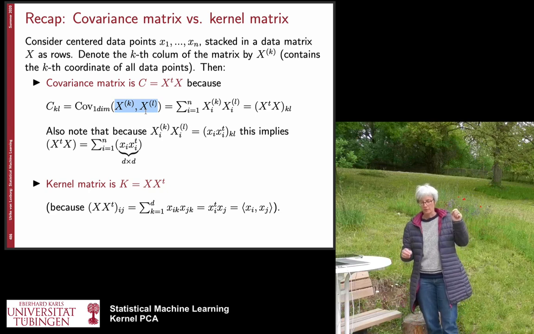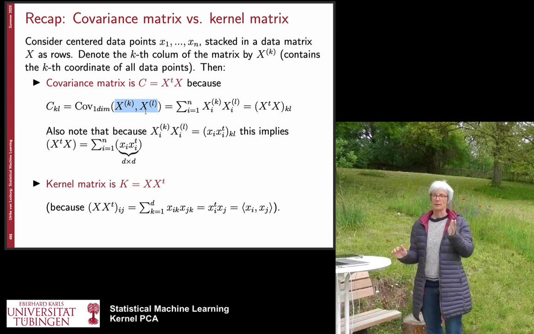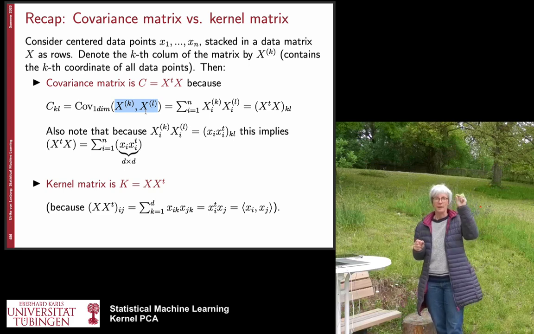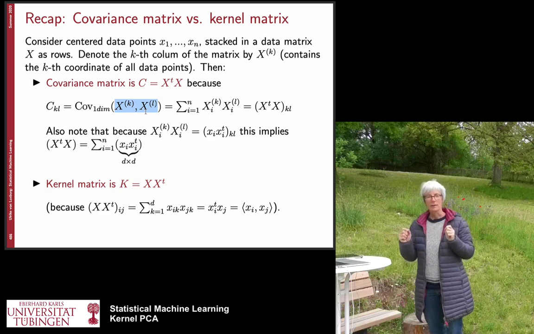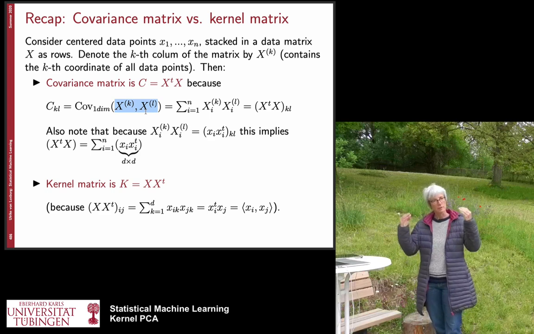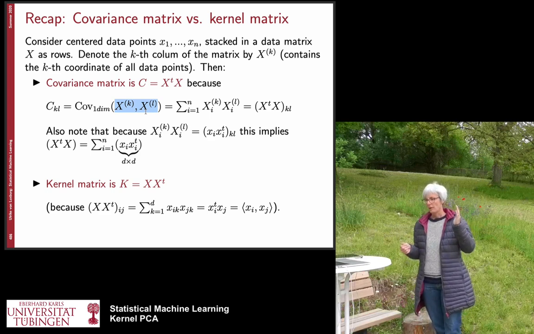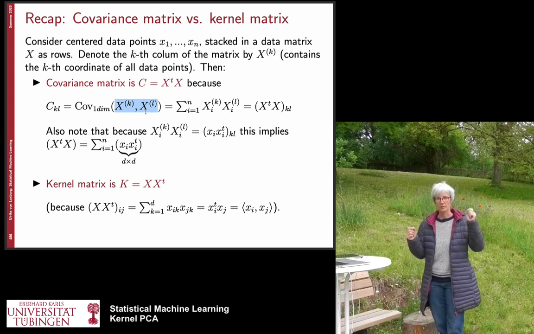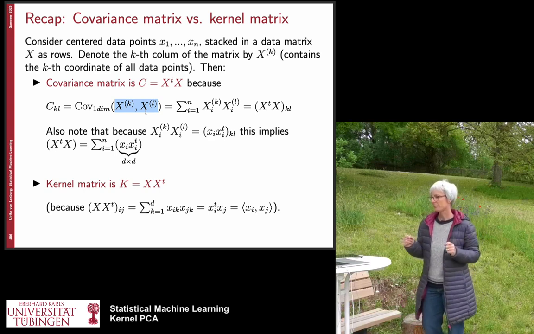So you restrict your data just to coordinate K, and you restrict it to coordinate L. You now have n realizations of the random variable of the K-th component, and you have n realizations of the L-th component, one for each data point. Now you can compute the covariance between these two sets of variables in the standard one-dimensional case, because each of these variables is just one number.